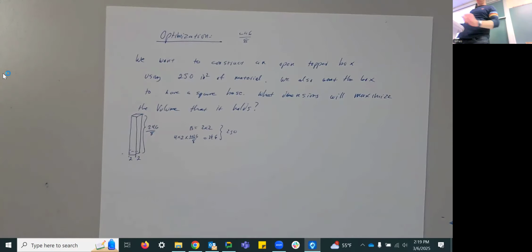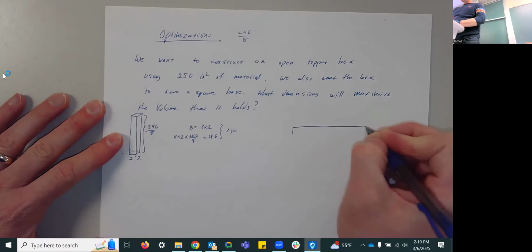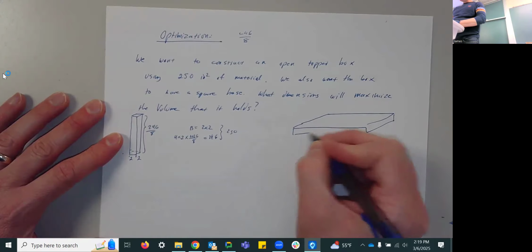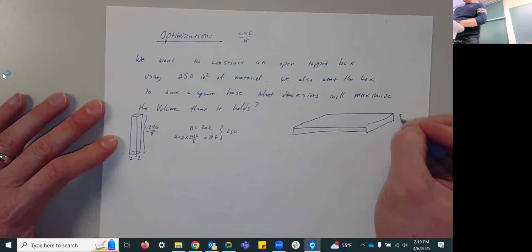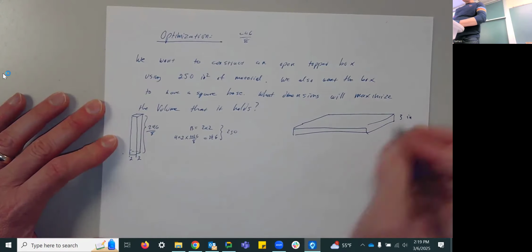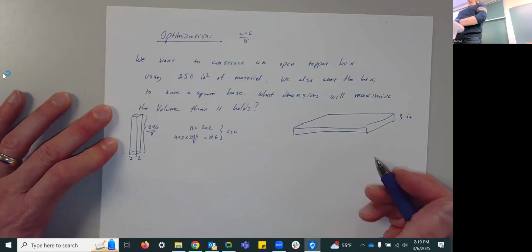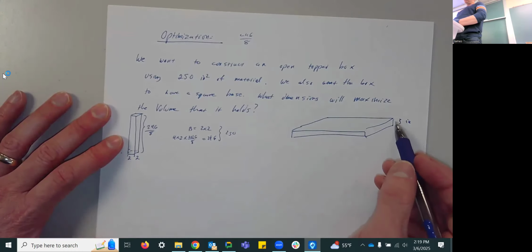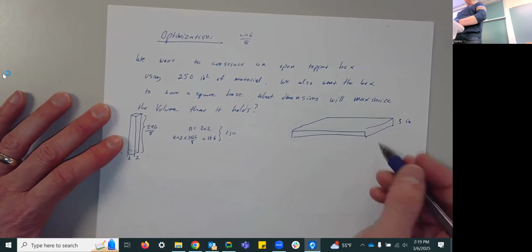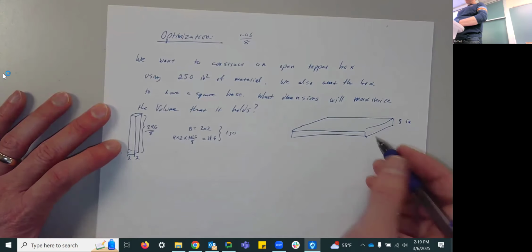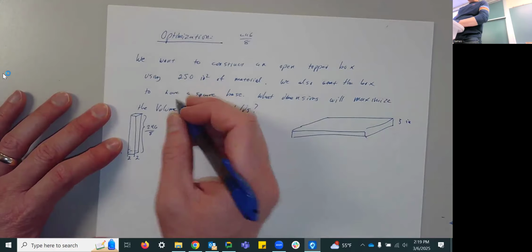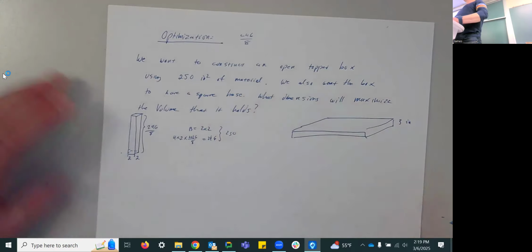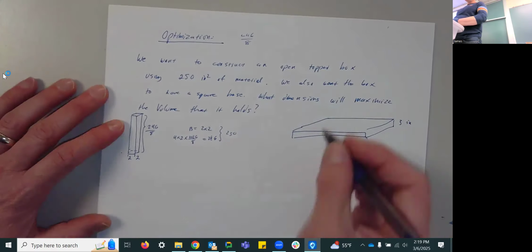Or you can make a really flat box with a square base, where maybe the height is like 1 inch. And the base is something like the square root of something. It's going to be small, the volume.